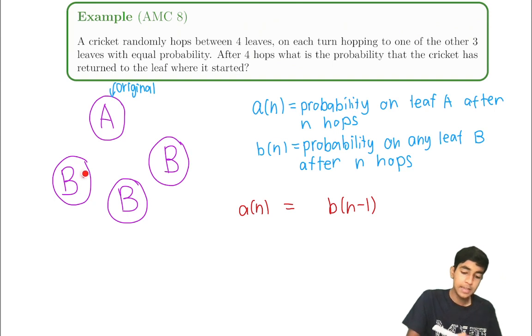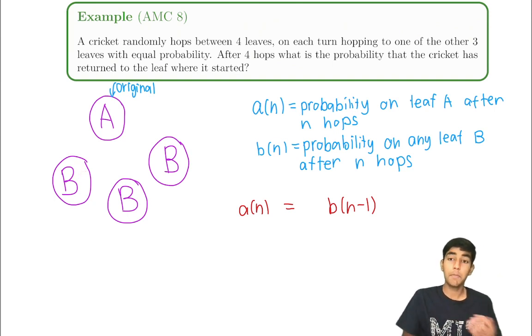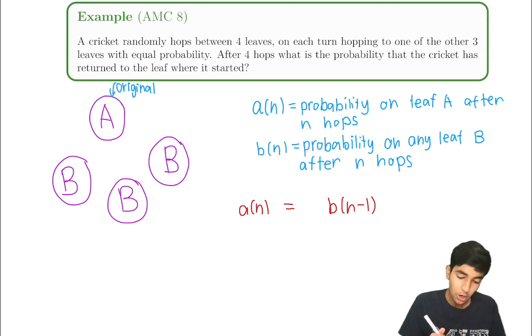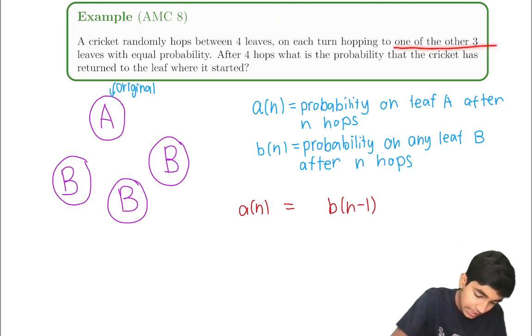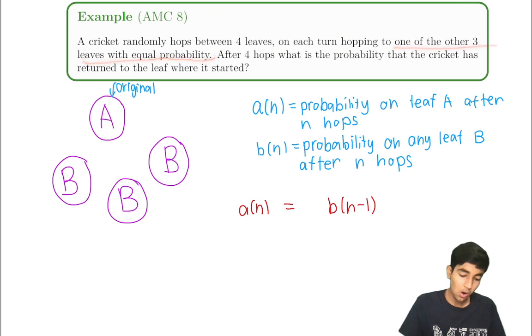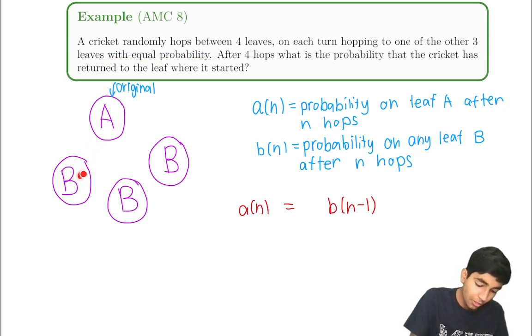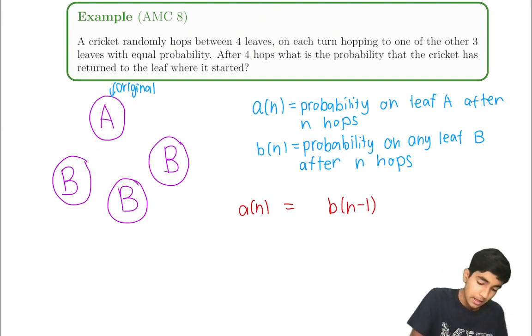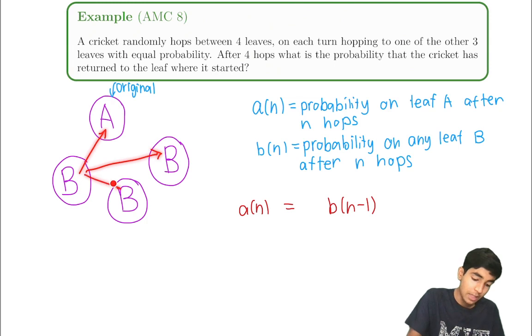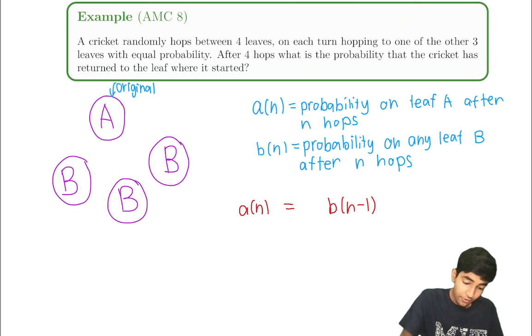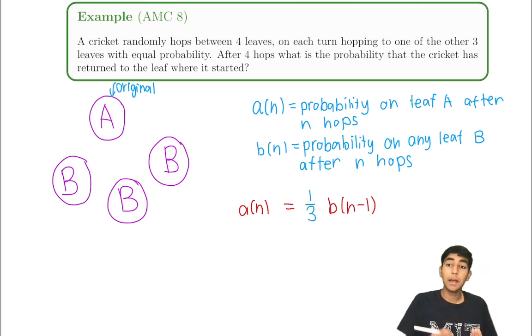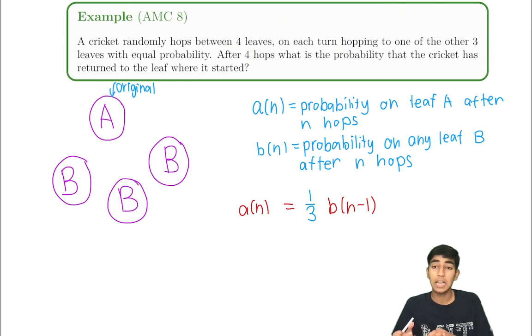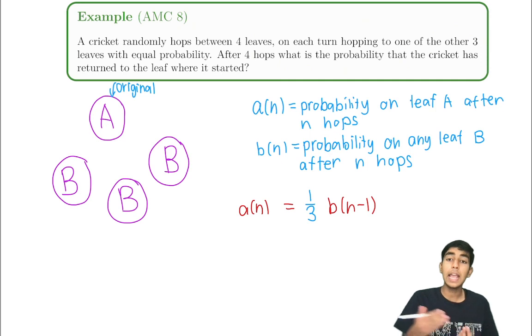Now, if we were on leaf B after n minus 1 moves, what's the probability we'll be on leaf A? Right here it says one of the other 3 leaves with equal probability. So on B, it will go to any of these three leaves with equal probability. There's three different leaves, and only one of them is an A. So a 1/3 chance. So if it is on B after n-1 moves, there's a 1/3 chance it will be on A after n hops.